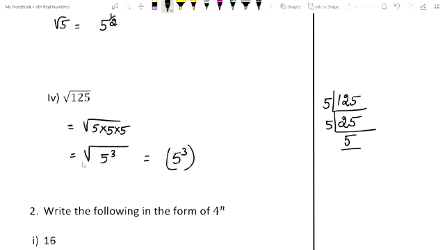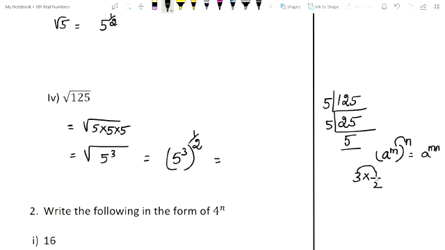This square root, how can you write this? 1 by 2. This is fractional index form. So now you have to multiply the powers. Here a power m whole power n, you know very well, equal to a power m n. So we have to multiply the powers. So likewise here 3 into 1 by 2.